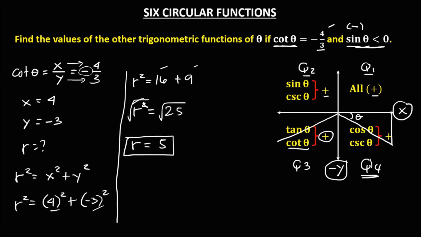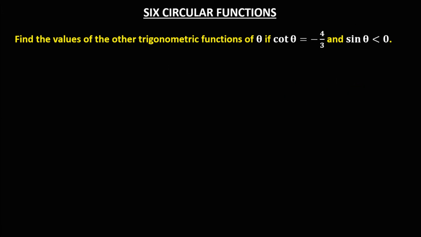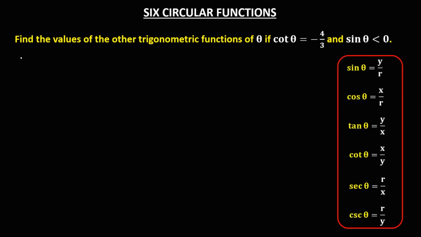So we have now the values for x, for y, and for r. So we can find now the other trigonometric functions. Using these formulas, again, x is equal to 4, y is -3, and r is +5. To find sine theta, sine theta is y over r. So y is -3 over r is 5.